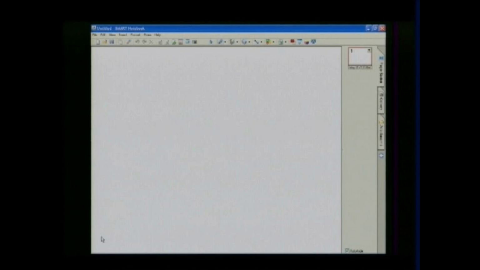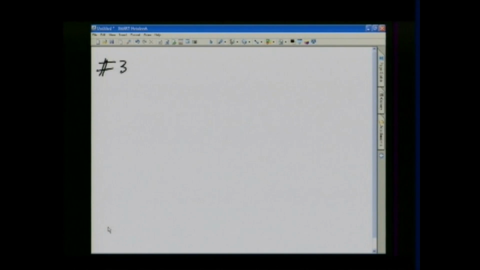First, in section 9.1, we're going to do number 30. Number 30 says, find the indicated limit.